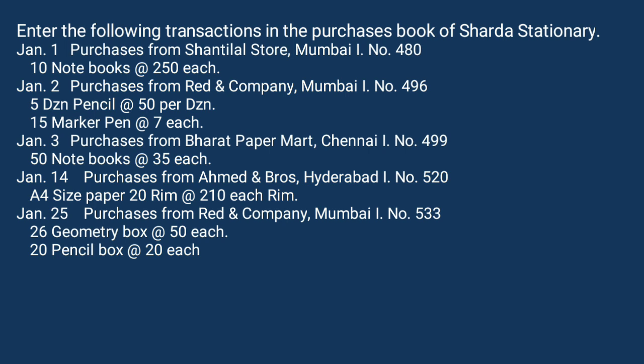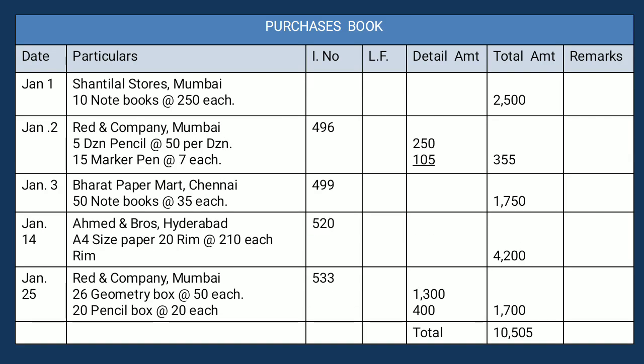Now, on the basis of the given transactions, we have to prepare our purchase book. Here you can see the purchase book. First, for our first transaction on January 1st, in the column of date we have to write January 1.